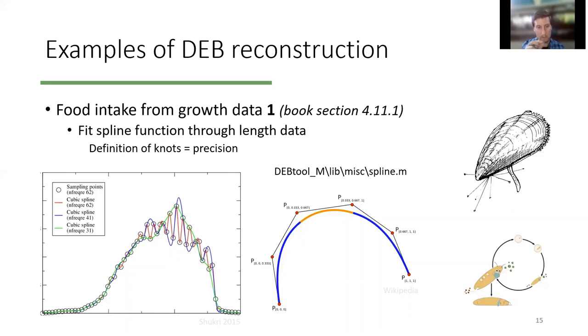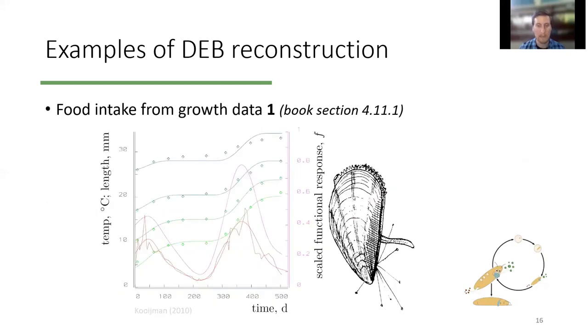The more knots in time you have, the more precise the reconstruction will be. And then, for this spline function, there is a function in the DEBtool package that is available and that you can use pretty easily. And so for our example of the blue mussel, you have here everything on the same graph.